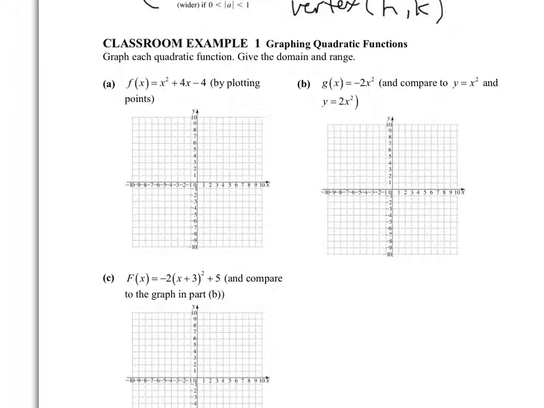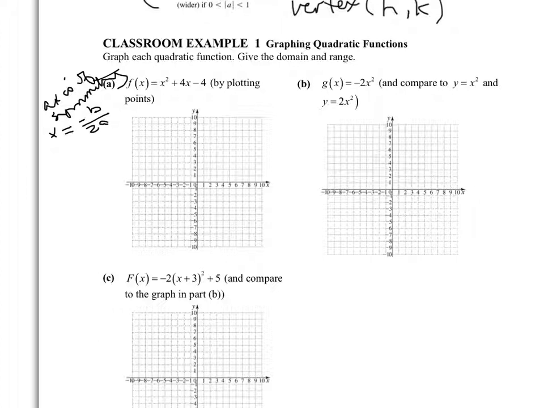And in order to find the axis of symmetry, I need a little equation to help me out. And this equation is x equals negative b over 2a. Now that should look a little bit familiar, because that's part of the quadratic equation formula.